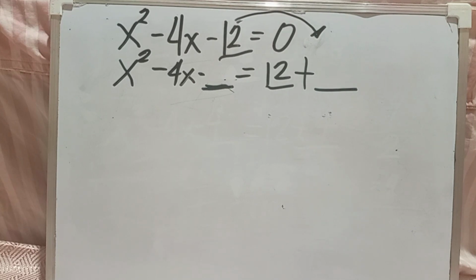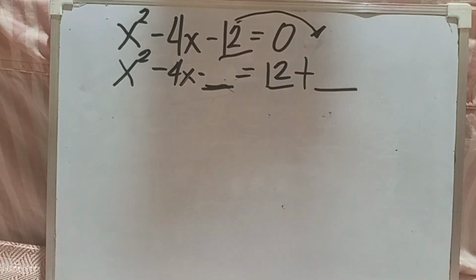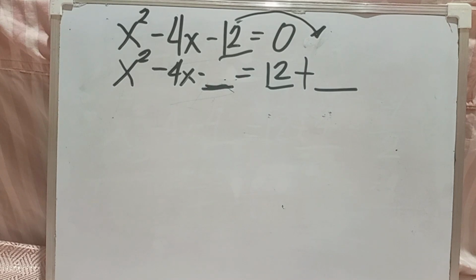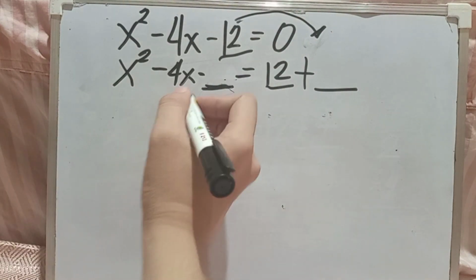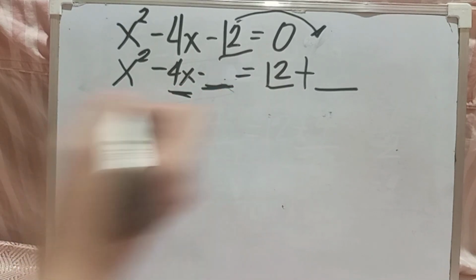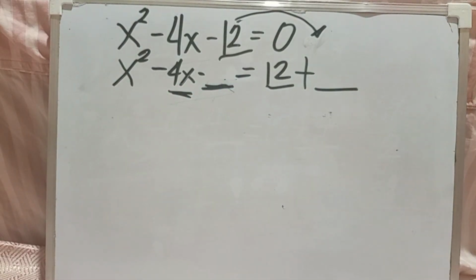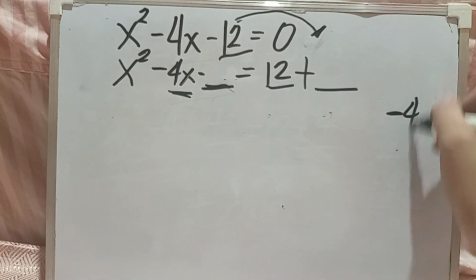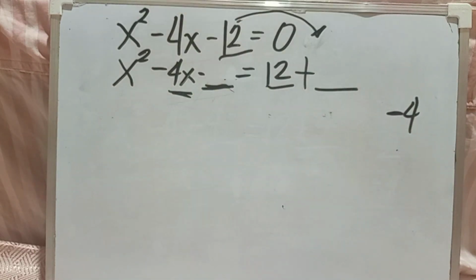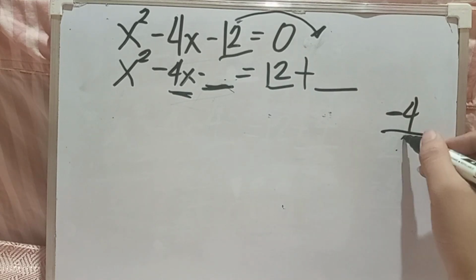So what terms will we put here to make a perfect square trinomial? Here is the process. Get the coefficient of the linear term, which is negative 4, and then divide it by 2.